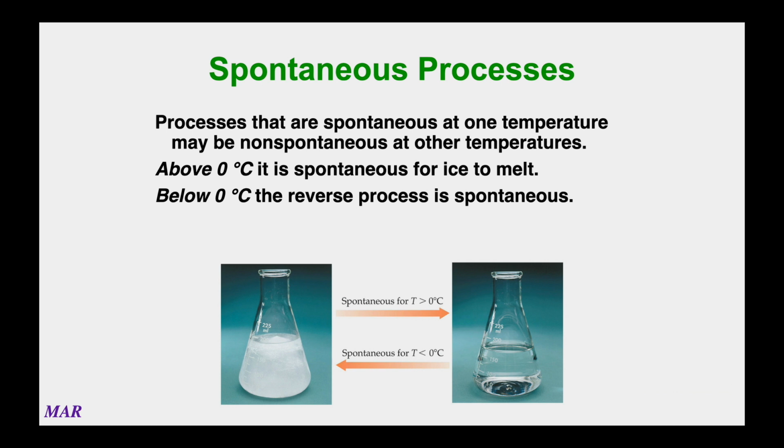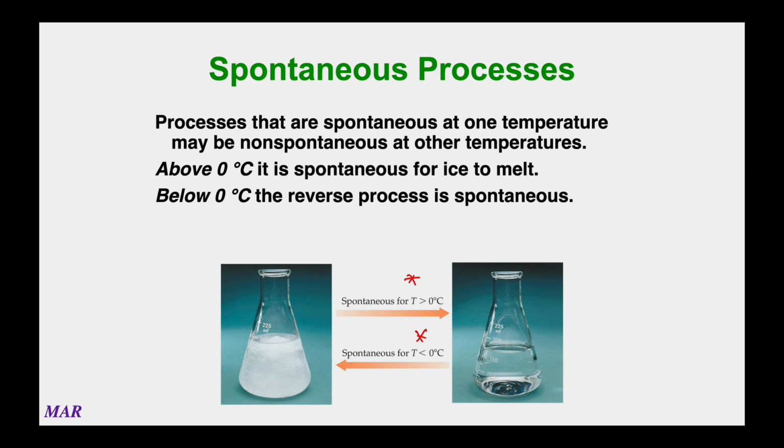If you have ice and you're at a temperature that's above the freezing point of water, of course the ice is going to melt. That's going to happen spontaneously. On the other hand, if you take your liquid water and put it at a temperature under the freezing point, then yes, the liquid water will freeze. Now, if you're above 0 degrees Celsius, ice going to liquid would be spontaneous. It's going to happen.